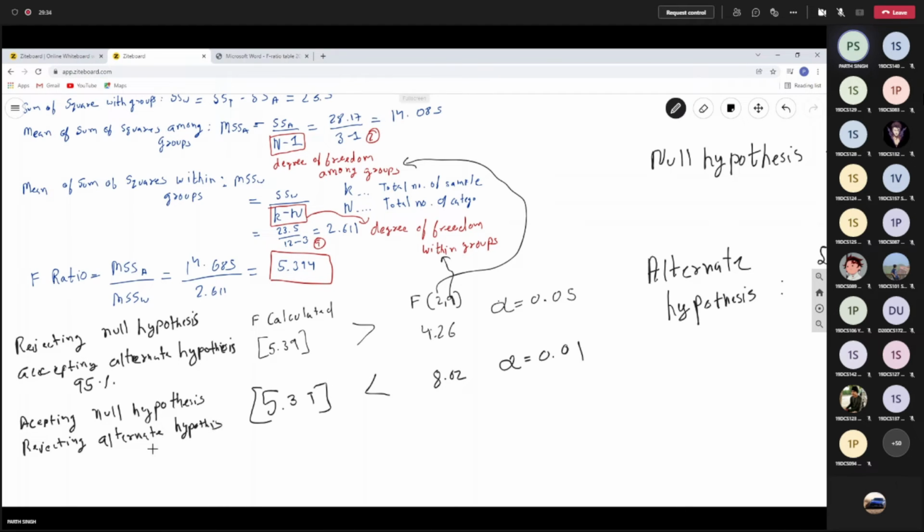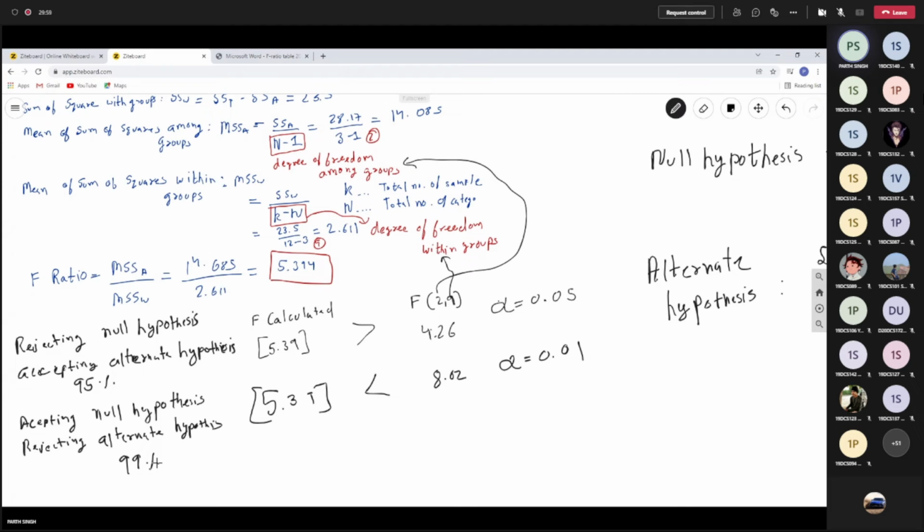And when alpha is 0.01, that means we have 99% confidence in saying that there can be no significant effect of noise on the number of questions solved. So this is the final analysis of variance which we are getting here.